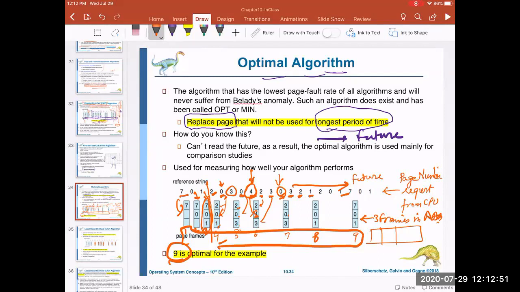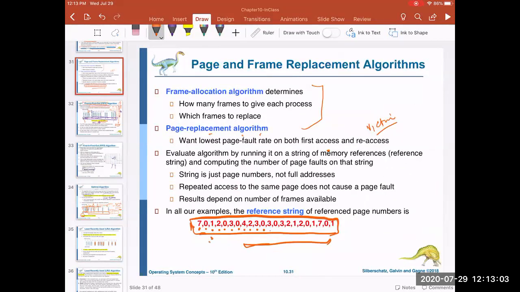Agree on it? So what we calculated here is the number of page faults. This is how our CPU is going to call the pages, and based on this we want to see how many page faults there would be based on the algorithms we are discussing.